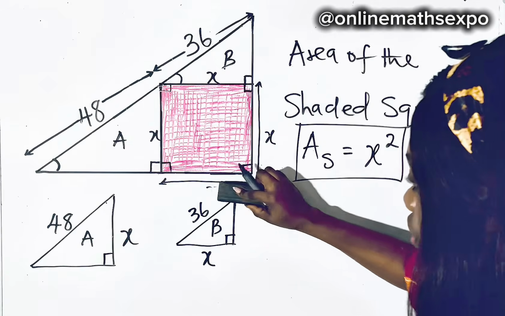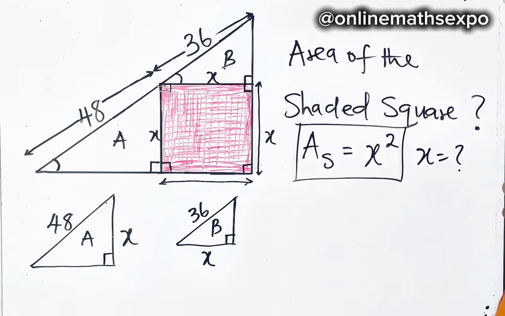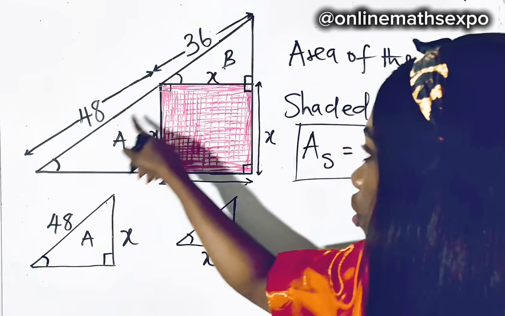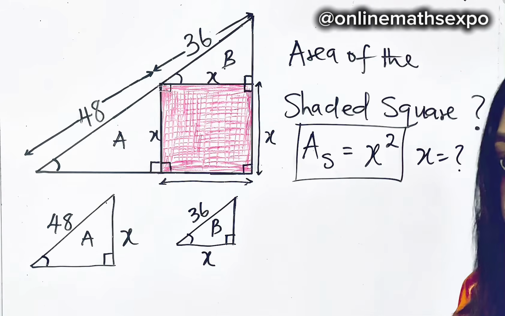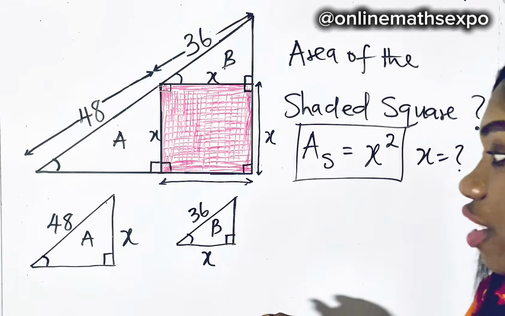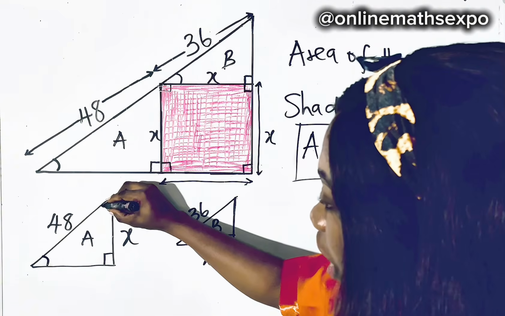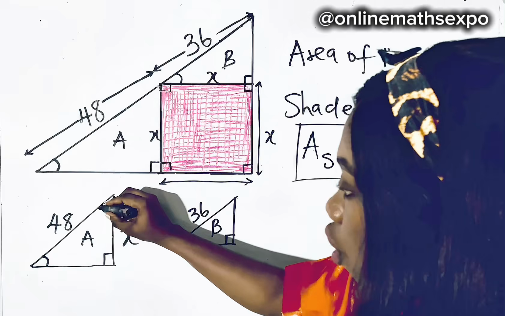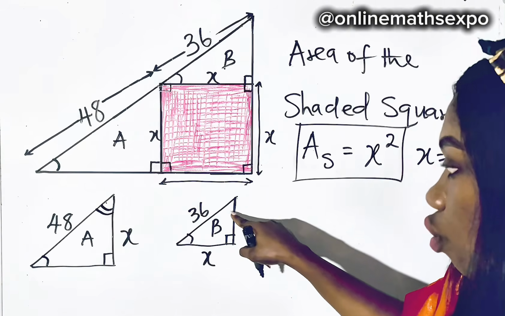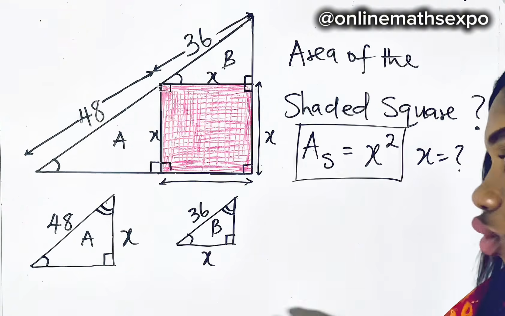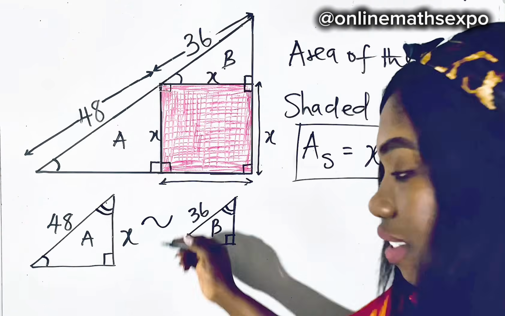So what should we do? If you look at this, remember we said that these two angles formed here are corresponding and they are equal. It means that the remaining angle, because this is a right triangle, the remaining angle in this triangle A must also be equal with the angle here. And what does this show us? It shows us that these two triangles are similar.